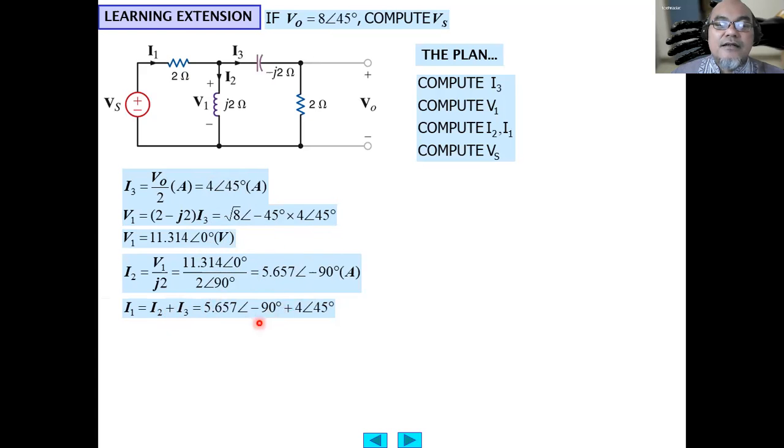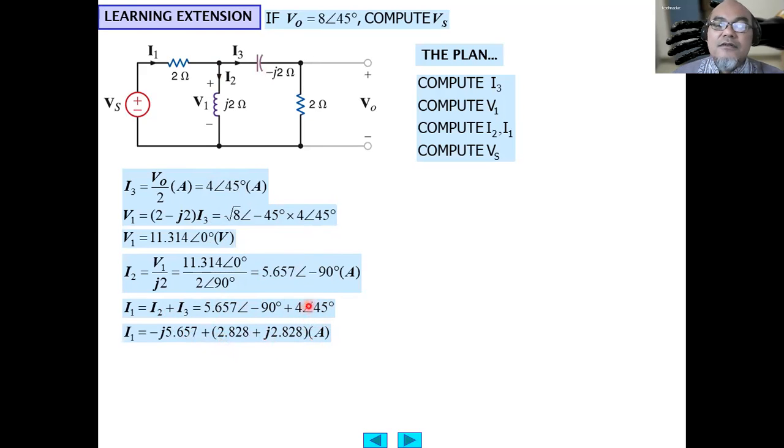Now, for an addition operation like this, it is not that easy to calculate using phasor form. You have to convert this into complex form. If it is converted in complex form, this becomes minus j5.657. This becomes this one. You know how to convert from phasor to this.